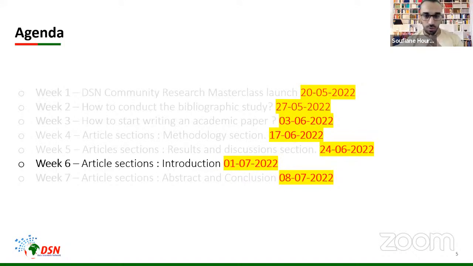To know exactly what to put in the introduction, we need to have a vision of the whole paper. Now we already have a vision about what we have in the methodology section, and in the results and discussion.